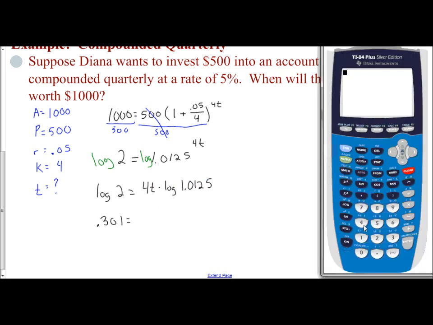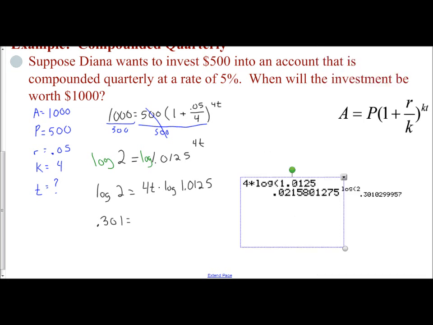Going to use my calculator and type in 4 times the log of 1.0125 and hit enter. I have 0.02158.